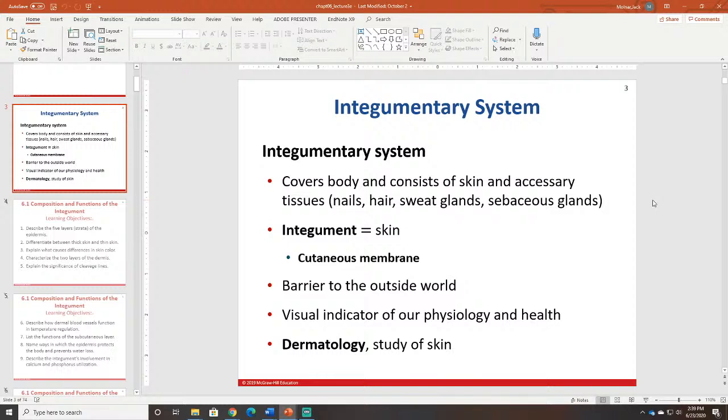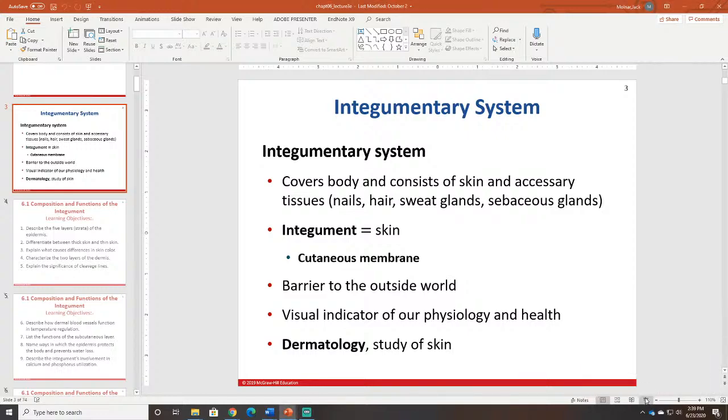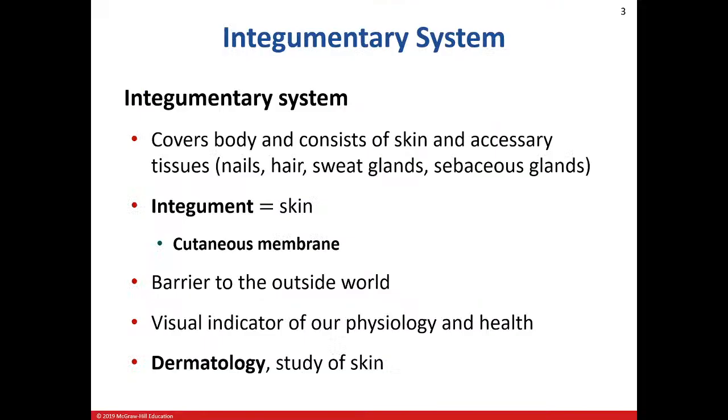It is a barrier to the outside world, just like the plasma membrane. Just like the plasma membrane separates the outside of the cell from the inside of the cell, the skin separates the outside of the body from the inside of the body.